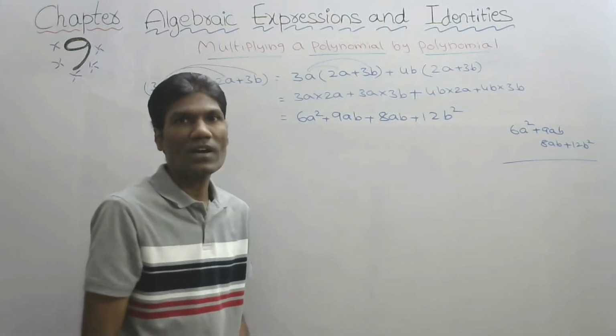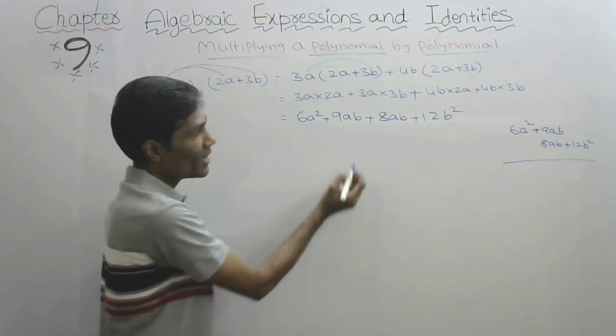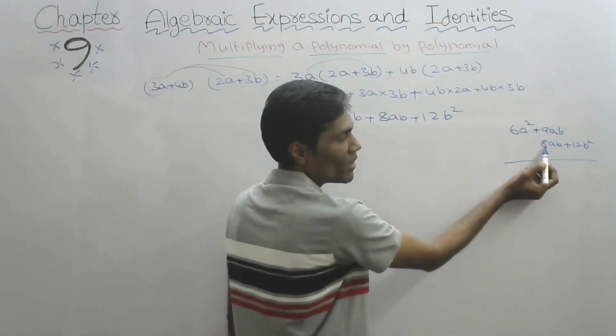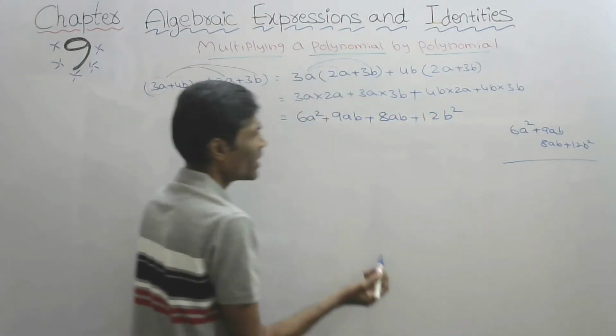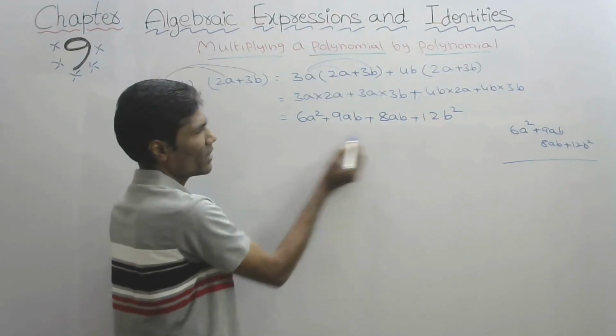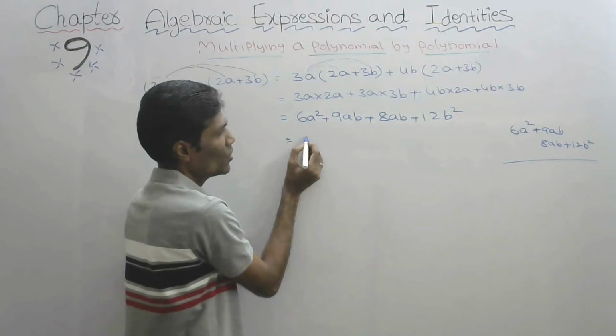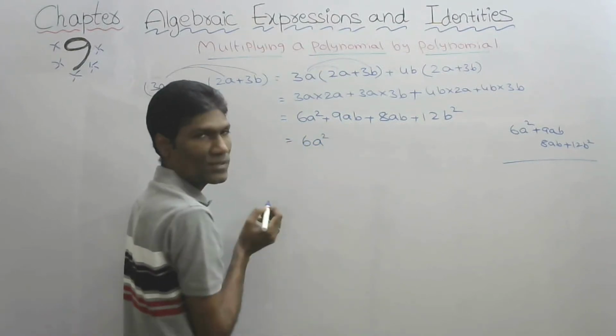So instead of that, directly we can add here itself. What we are doing, 9ab plus 8ab, here itself we can add. First one, a square. Any a squares are there? No. So write 6a square as it is.